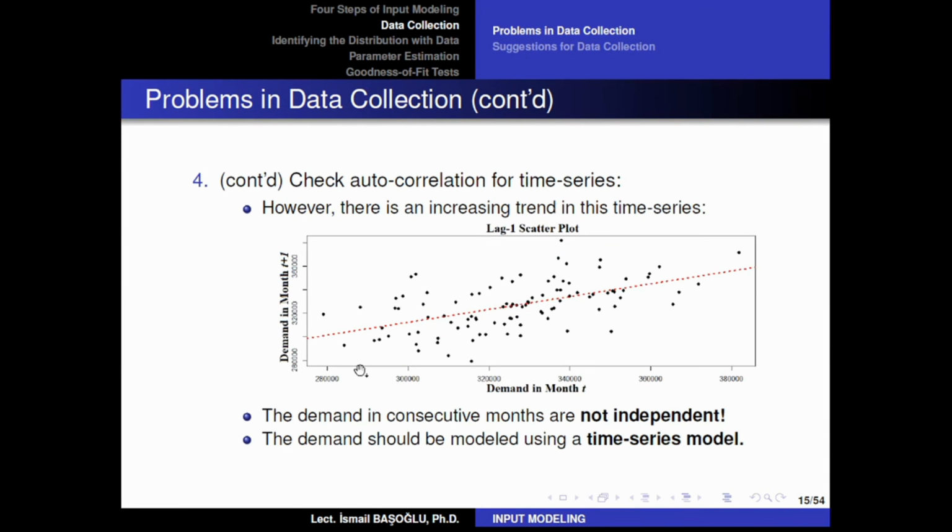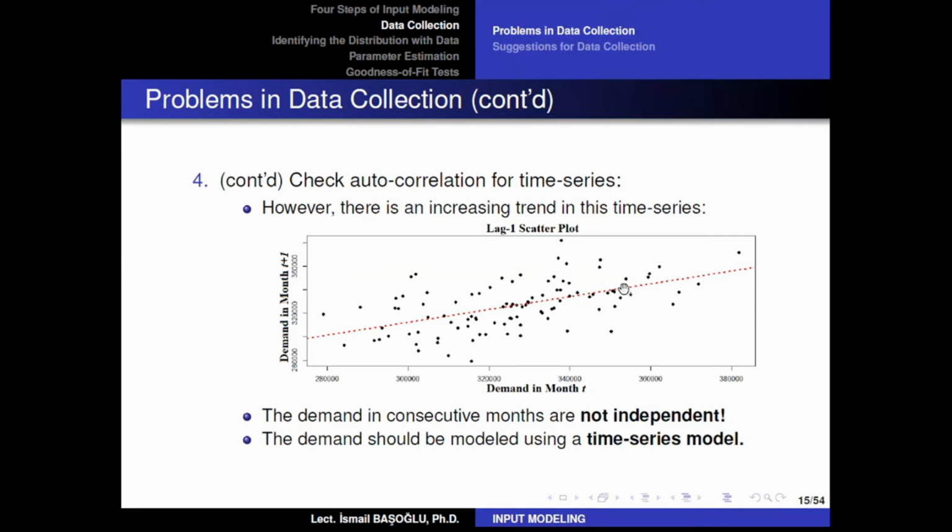And when you check the time series lag 1 scatter plot, which means when you plot the demand in any month against the demand in the next month, for example, starting from 20 years ago, demand in January versus demand in February, and demand in February versus demand in March, you see that this lag 1 scatter plot, which is a plot diagram between the consecutive month demands, shows a trend, right? It shows a trend. It does not show a scatter around a constant point.